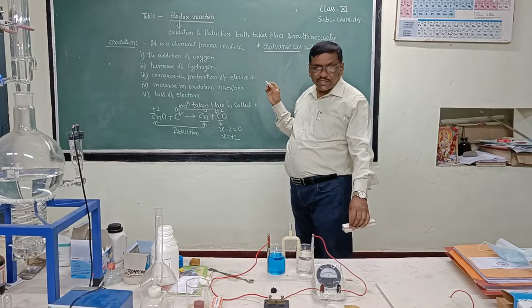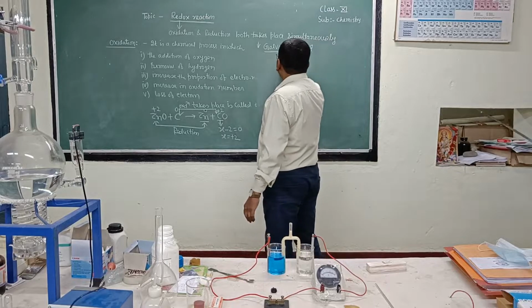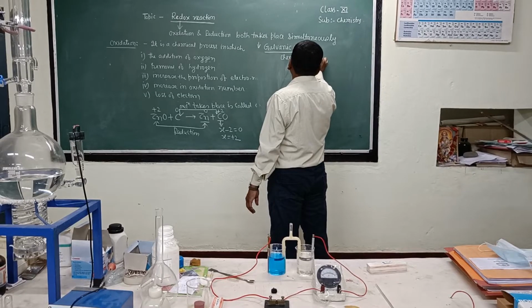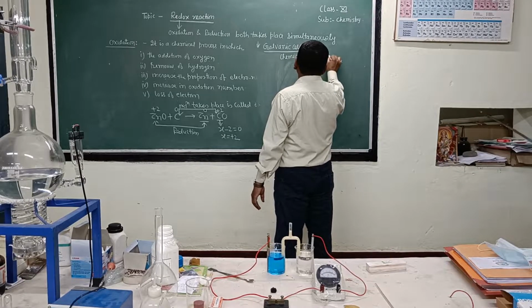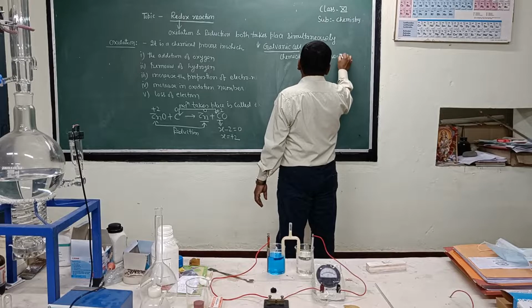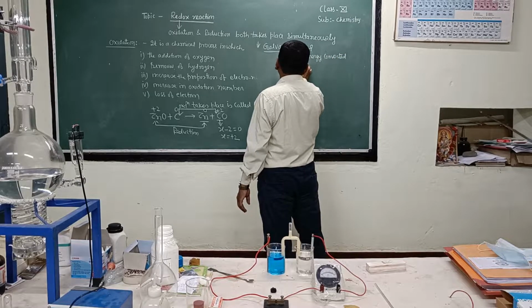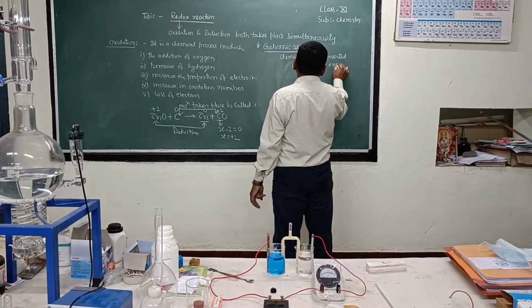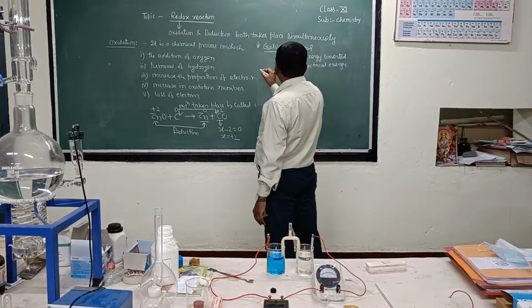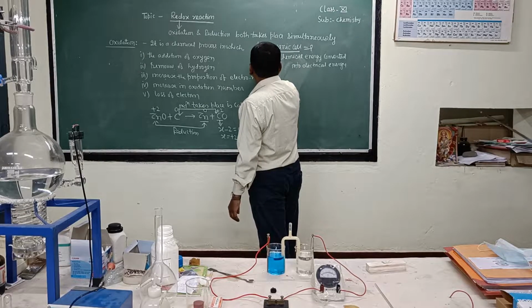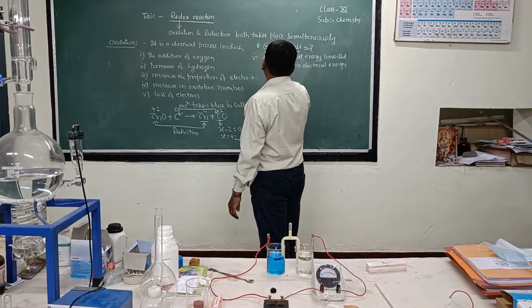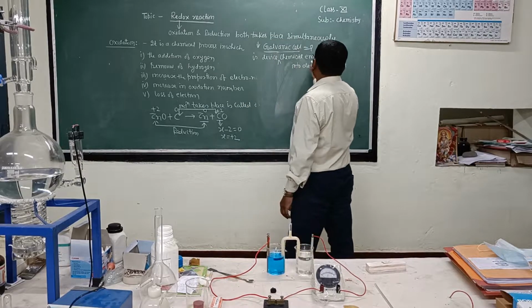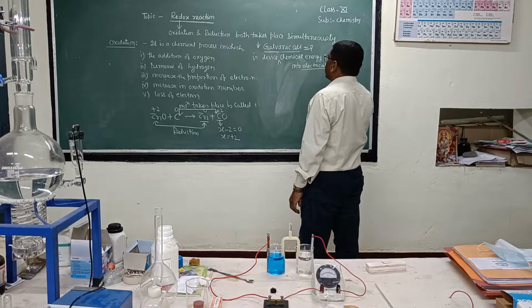So what is a galvanic cell? A galvanic cell is a device in which chemical energy is converted into electrical energy.